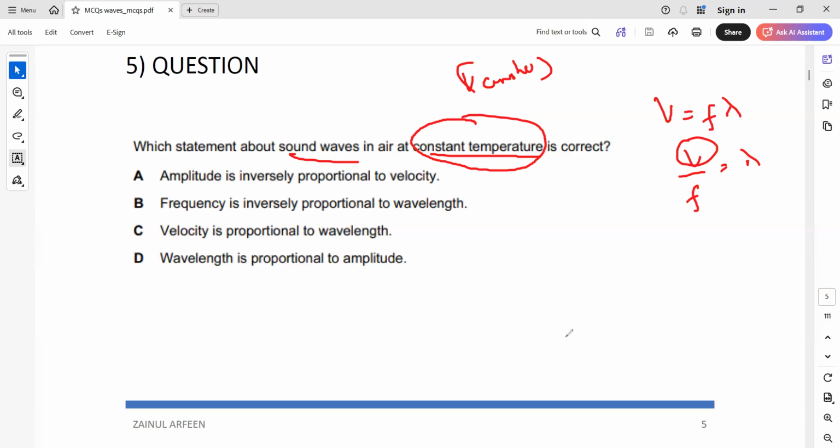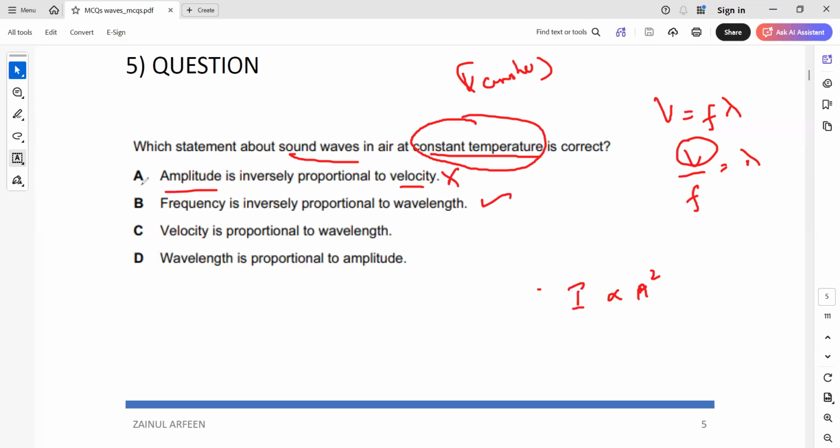No, amplitude and velocity you cannot relate here, because if the velocity is not changing, you cannot relate the amplitude. Intensity is directly proportional to amplitude squared. That is a relation: amplitude can affect the intensity, not the velocity. So this is not a right statement.